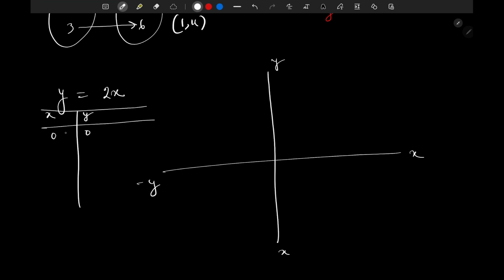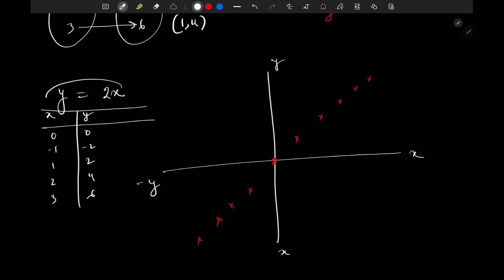Let's say 0, this is 0, this is -1, this is -2, this is 1, this is 2, this is 2, this is 4, this is 3, this is 6, and so on. Once you have enough points, when you plot them, like mark the points, they will look something like this. All right. And now you are almost done.